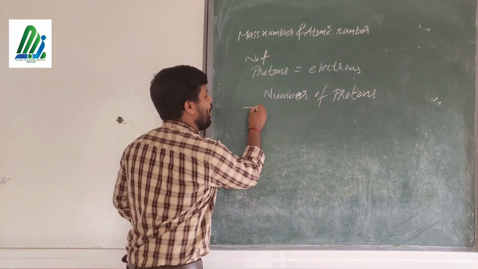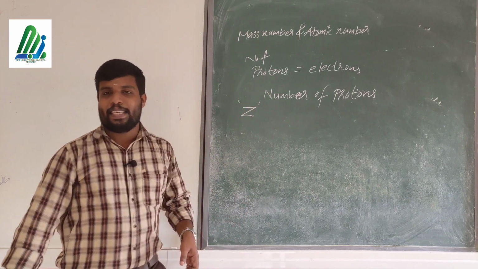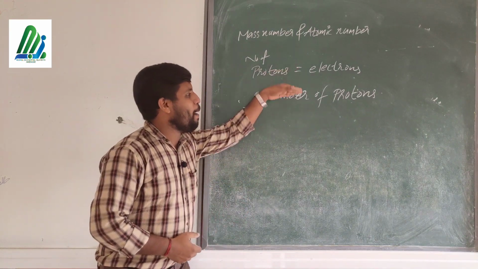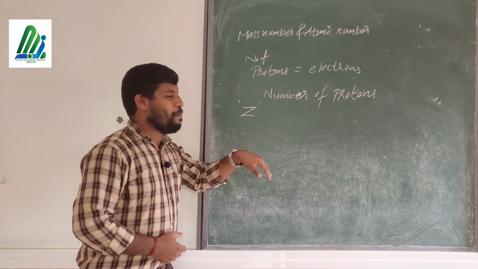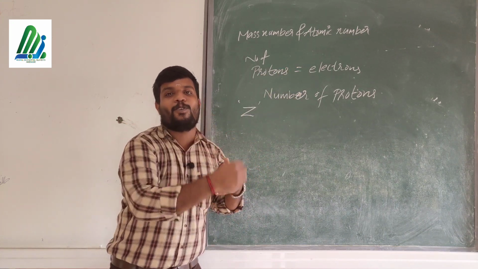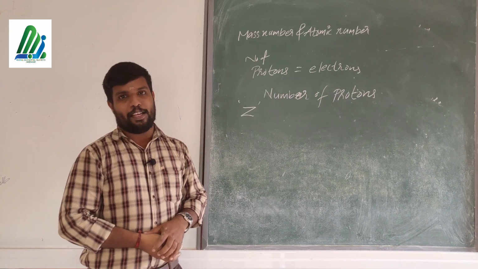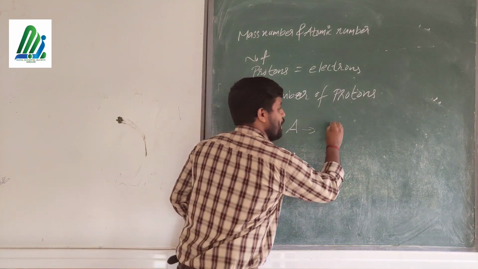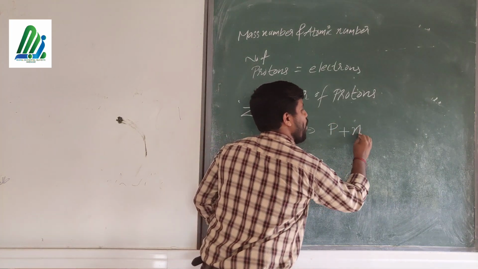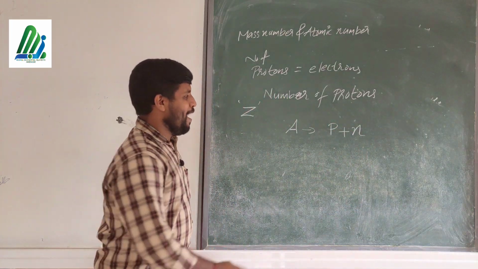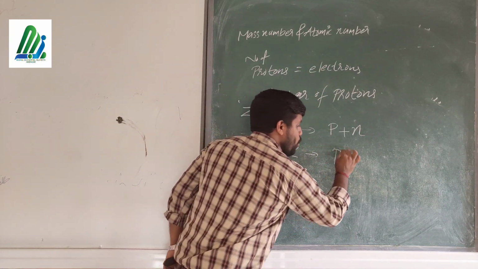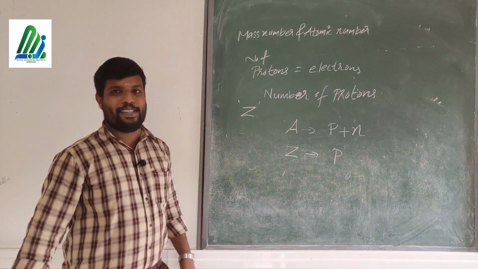That is represented by the letter Z. So atomic number is the number of protons, and mass number is the total number of protons and neutrons in an atom. Students, A is the mass number, the total number of protons and neutrons, and the atomic number, represented by the letter Z, is the number of protons in an atom.